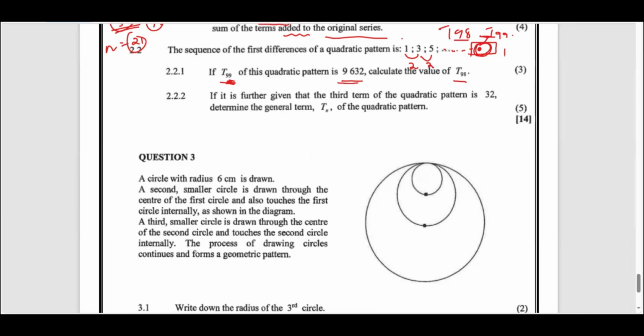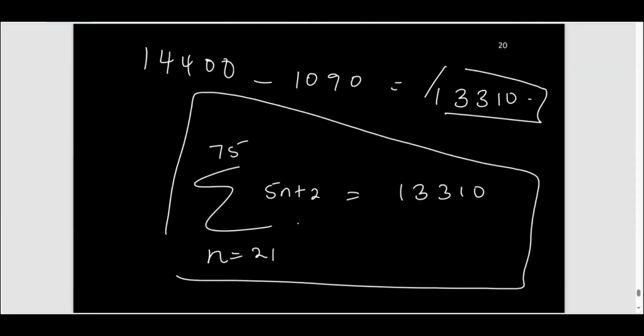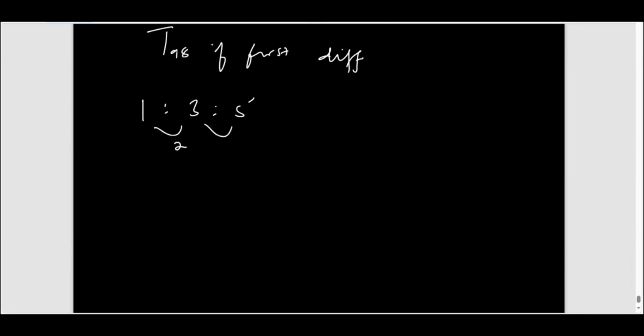So if I can find T98 of the first differences, then I'll just do the addition or subtraction from what they gave me, and then I'll have my answer. So if I have 1, 3, and then 5, we say this is 2. So our nth term is just going to be 2n minus 1, if you simplify that further.